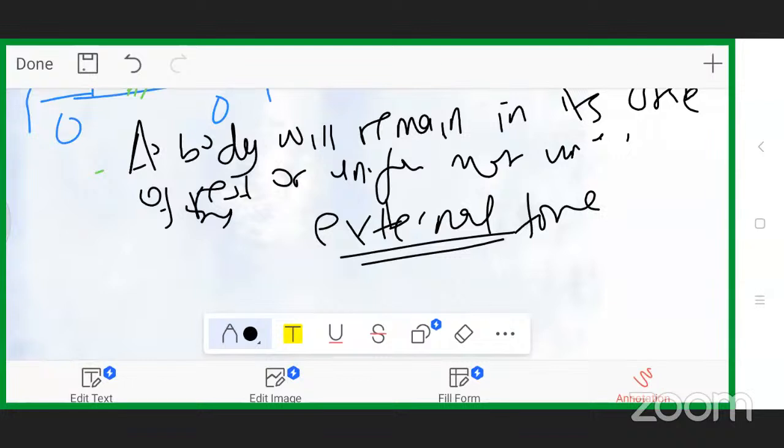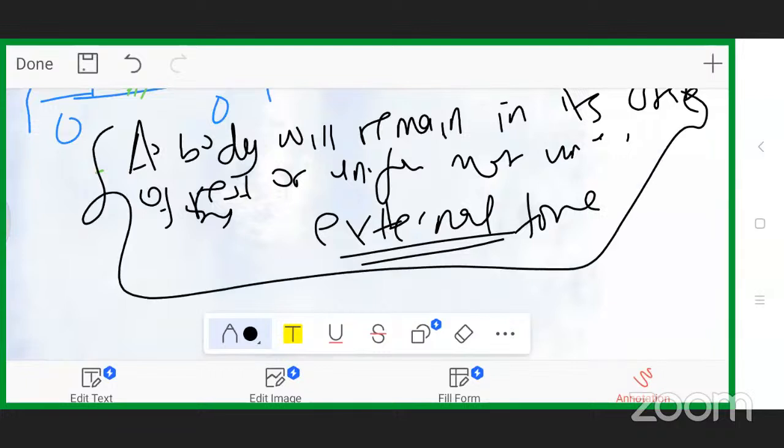But for a body that is already moving, there's a force that is already in motion. So if you want to stop it, or maybe change its direction so that it doesn't move in a straight line, you must apply an external force. And that is what Newton coined as the first law.